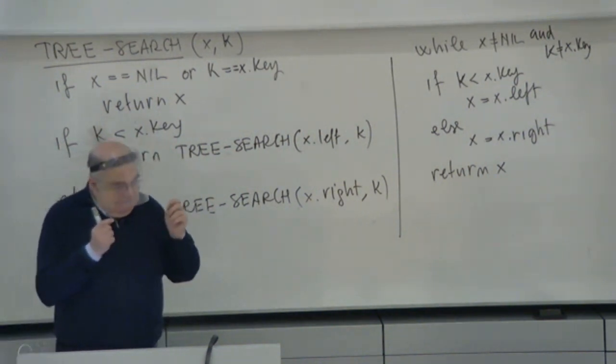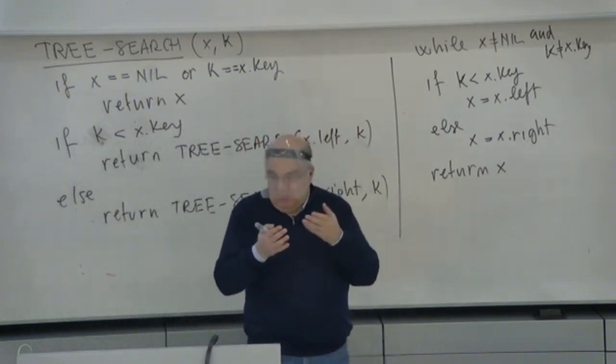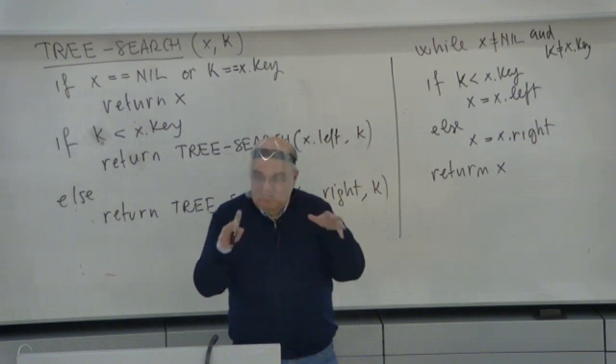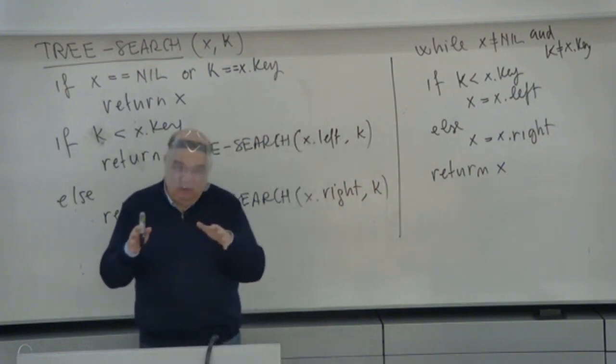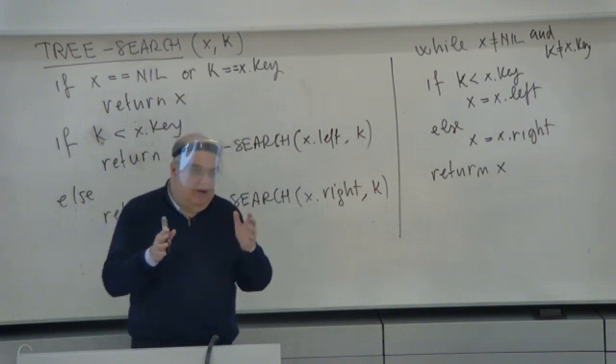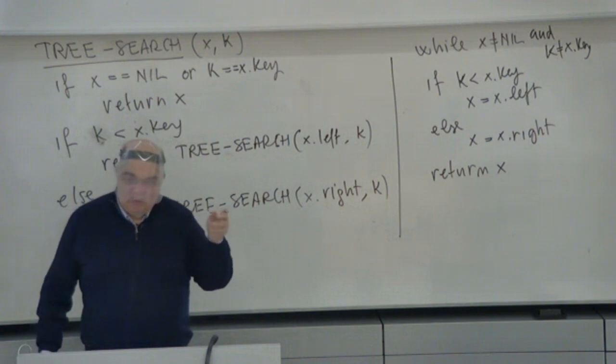Well, in this case, you don't explicitly say log n, because you don't know how the tree is built, okay? For a complete binary tree, it would be exactly log n. But you don't know whether the binary search tree is balanced or not.